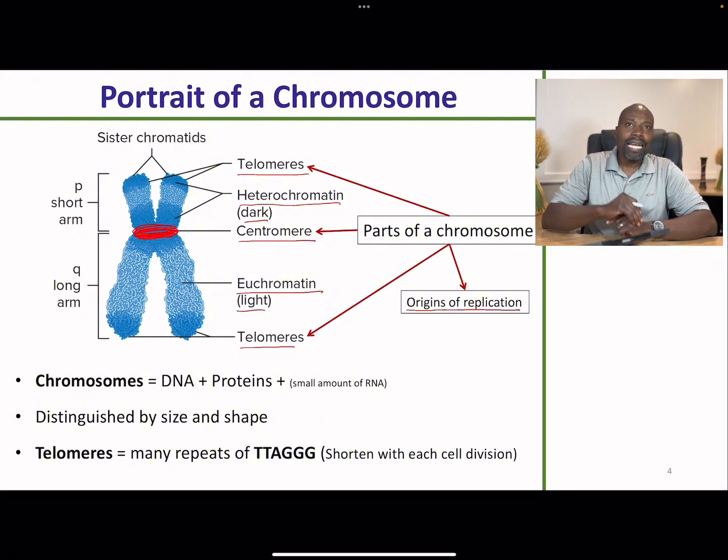Heterochromatin is chromatin that is so dense that the genes in these areas are not available for gene expression. While in euchromatin, the chromatin is loose enough, even though it's mingled with histones, to be compatible with gene expression, right? Let me close that parenthesis.